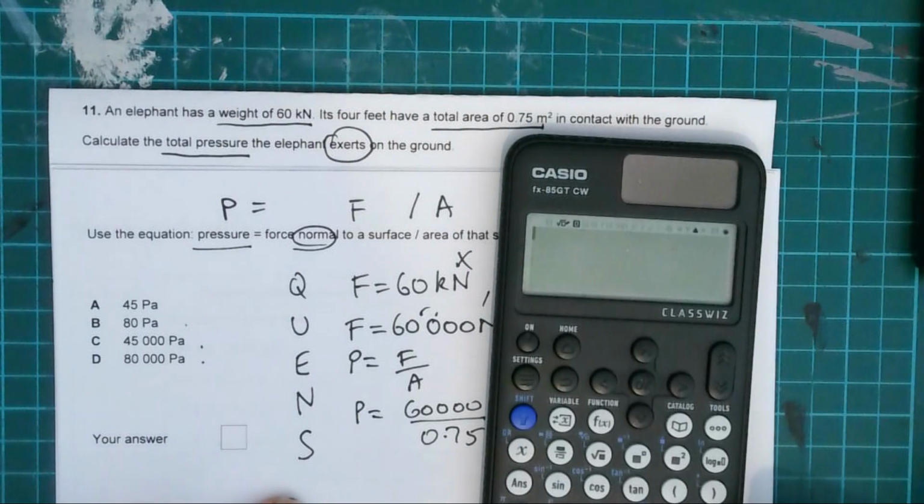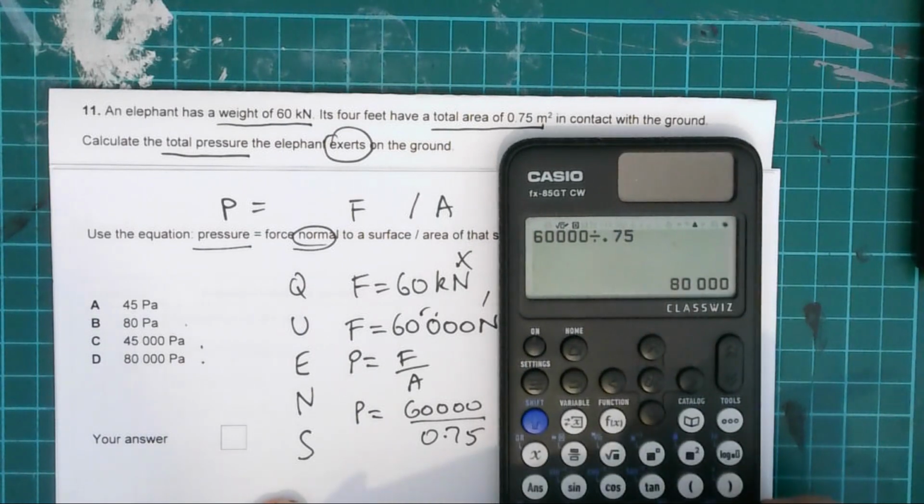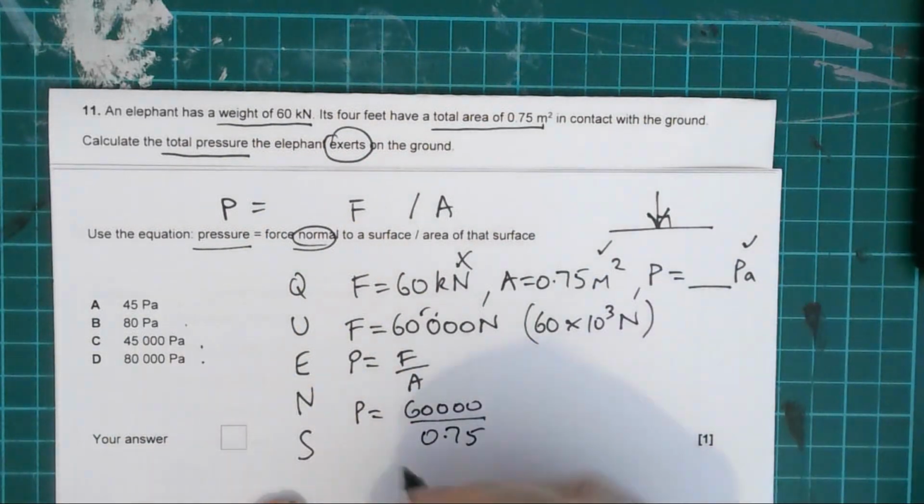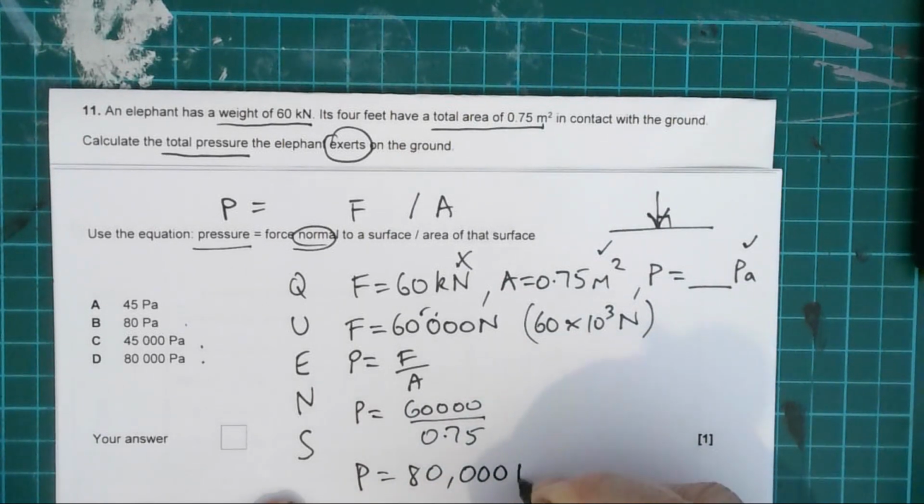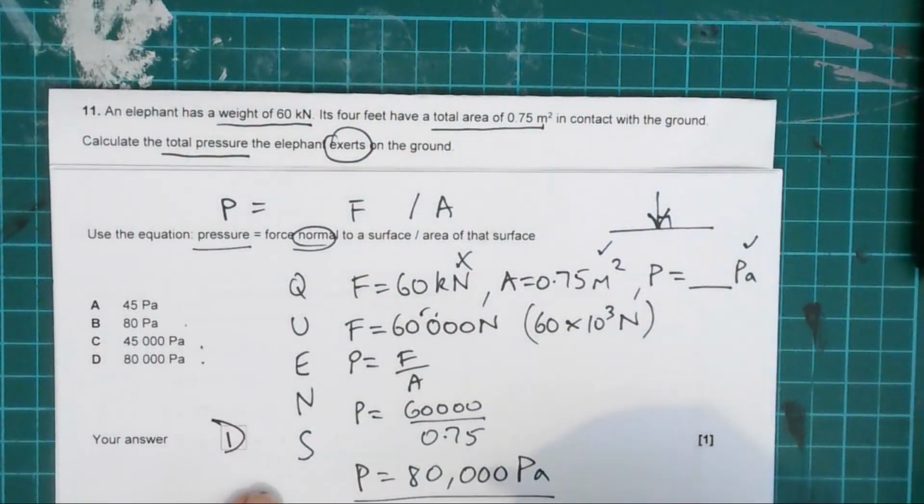So I'll put my numbers in. Let's have a look. 60,000 divided by 0.75 equals 80,000 pascals. It's the one that we hadn't got yet. D.